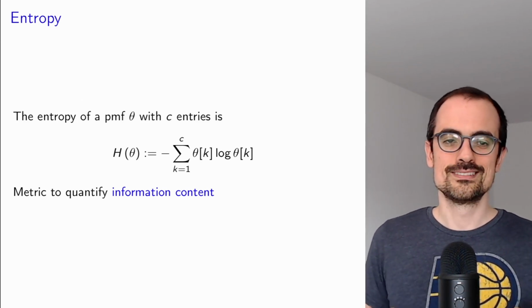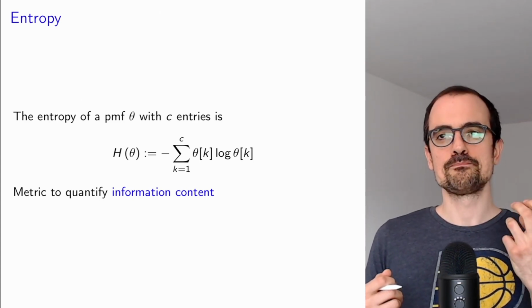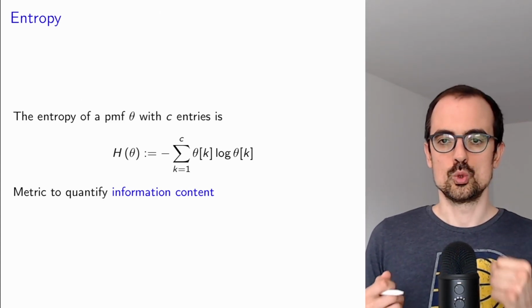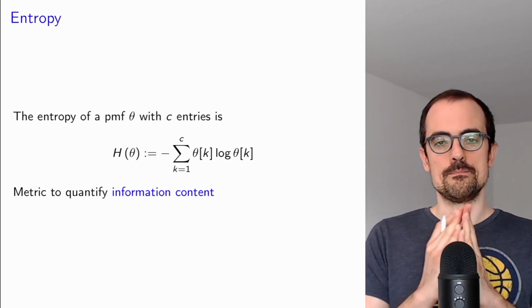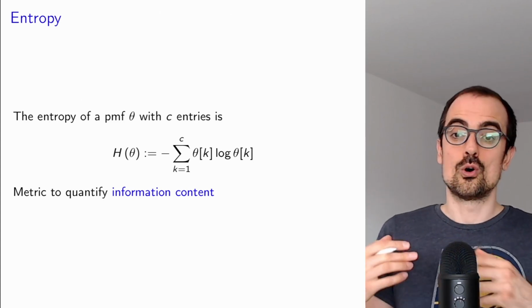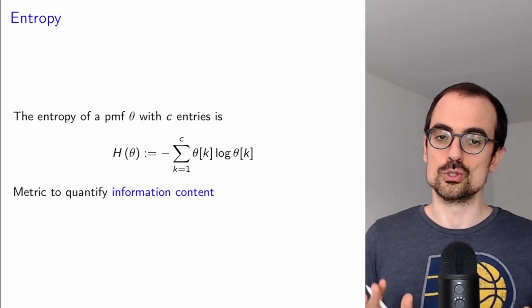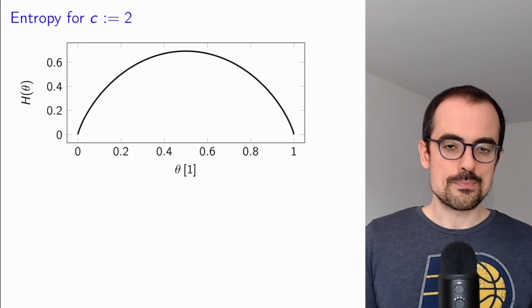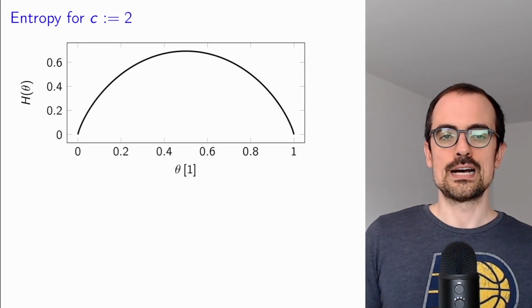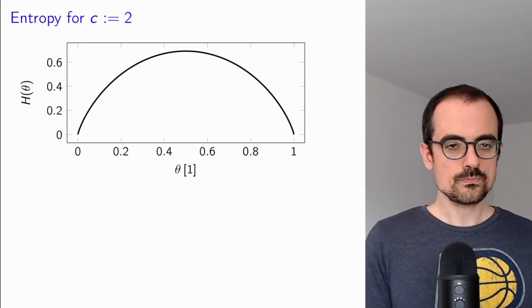But if you don't, I'll just tell you that entropy essentially quantifies to what extent the random variable is usually equal to the same values, and to what extent it's super uncertain and you really can't be sure to what value it's going to equal. So to make that very precise, let's consider a Bernoulli random variable that has two possible values, okay?